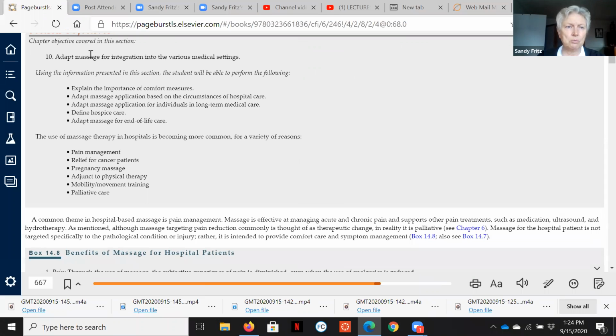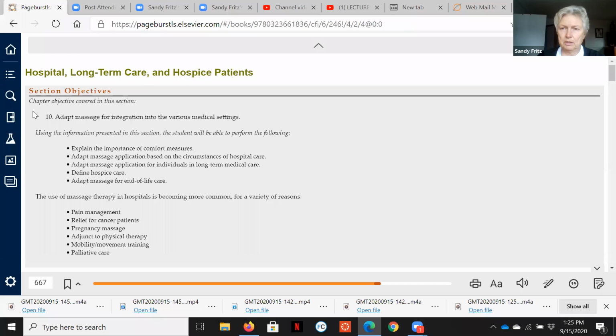And so what do we particularly do that would be a little different in these kinds of situations? So hospital these days is acute care.